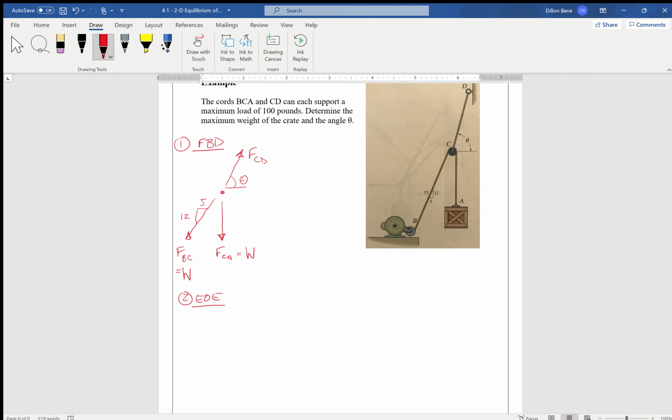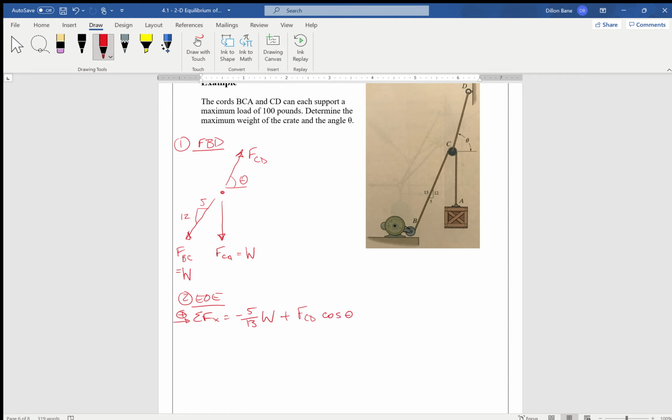Again, let's sum forces in the x direction, let right be positive, and start with FBC, which is W. It will act to the left, so it is negative 5/13 W. The FCA is completely vertical, so no x component, and then we have FCD, which acts to the right, so positive FCD, and the x component will be cosine theta.